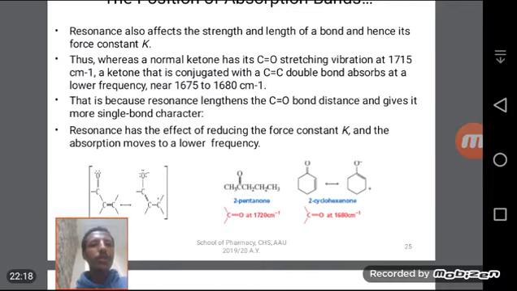This makes the carbonyl carbon partially single bond, and that leads to a decrease in the frequency of vibration.